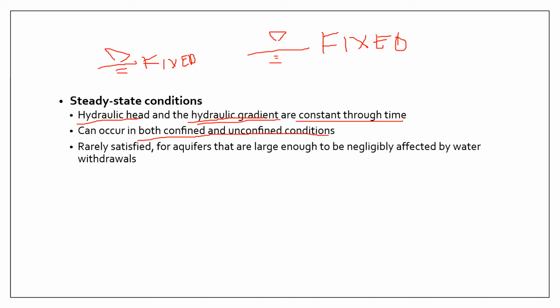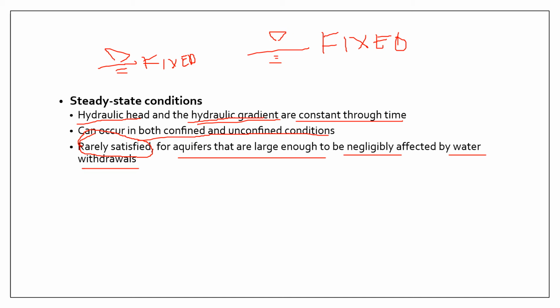Although note that steady state conditions in the real world are rarely satisfied. I mean, theoretically, you have a few applications for steady state conditions. You have to have, for example, an aquifer that is large enough to be negligibly affected by water withdrawals or water pumping to have a steady state condition.